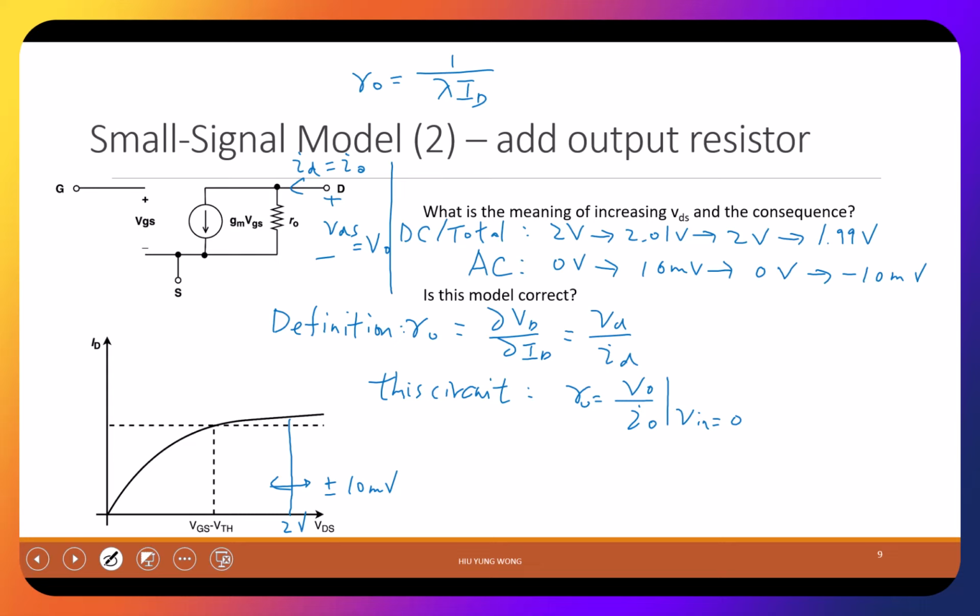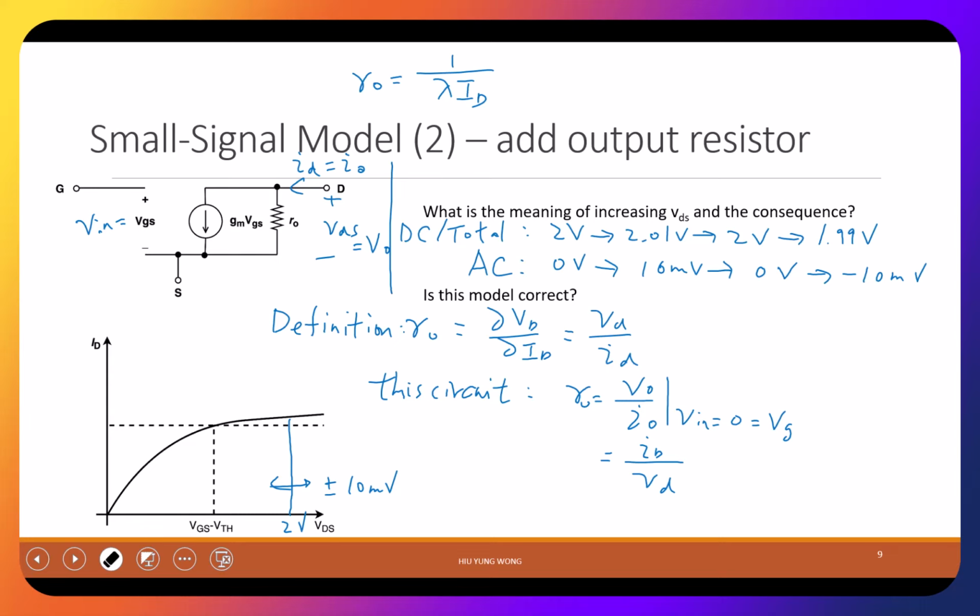So when input equals 0, what is the input? Input is this one, V in equals VGS. And V out is what? VD divided by ID. And V in is like VGS equals 0.